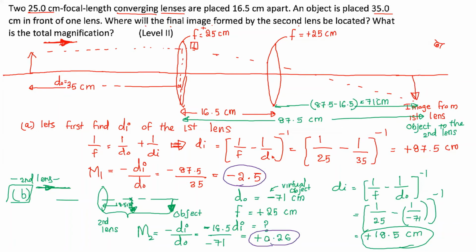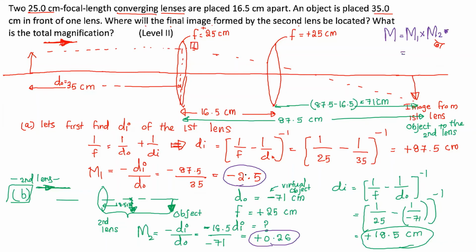So when you have a combination of lenses, the total magnification is given by the multiplication of all the lenses. Let's say you have a mirror also, then you can keep on multiplying all of this. Let's say you have 10 lenses, you will multiply the magnification of all 10 lenses. Okay, so you have 2 lenses here.